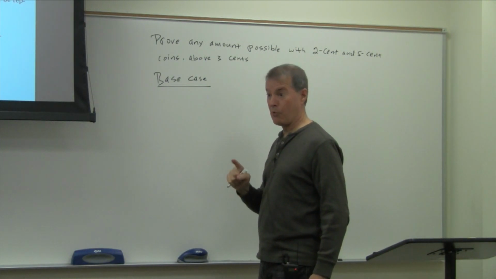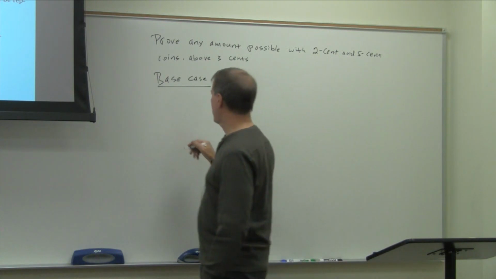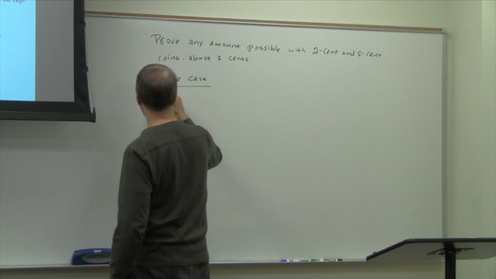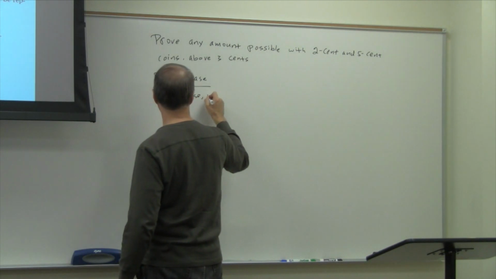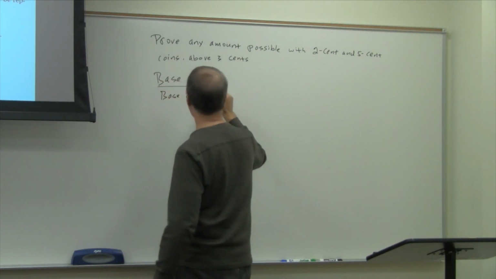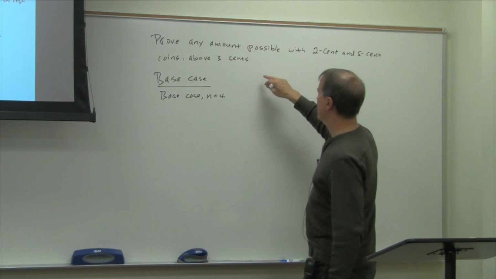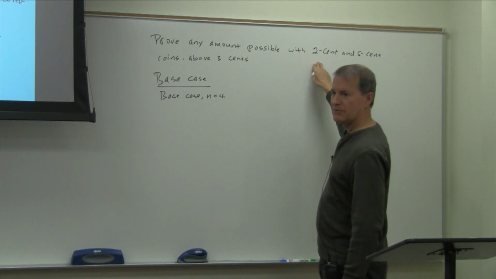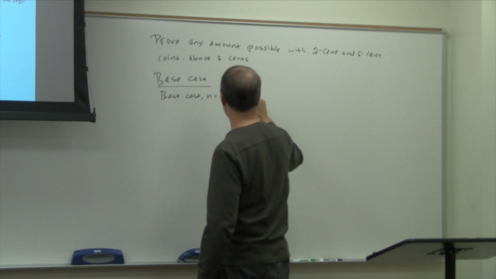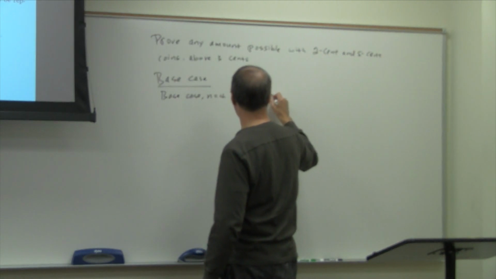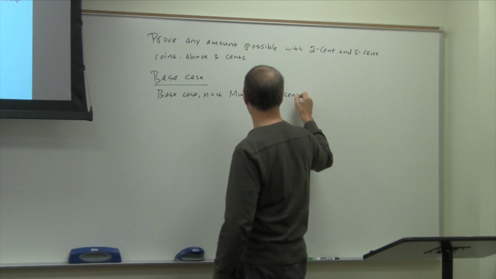Base case is n equals 4, right? So we have to prove that 4 cents is possible. So we must prove 4 cents possible.